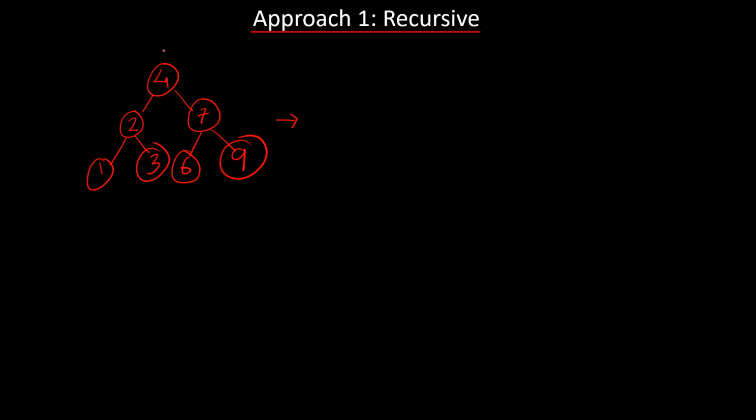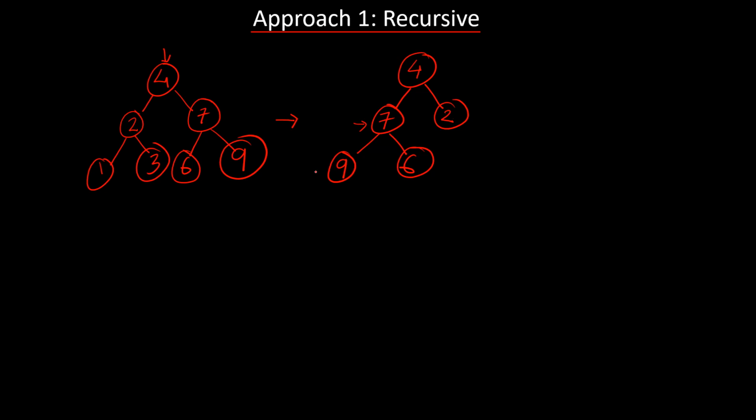So we can start from the root, which is 4. Then we can swap the children. Then we can swap the children of 7, right? So which will be 9 and 6 after swapping.